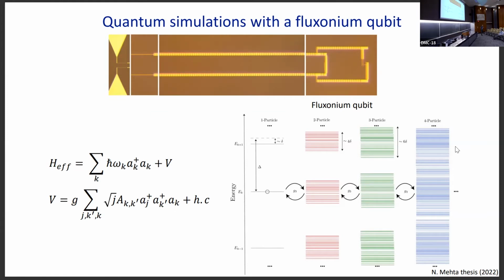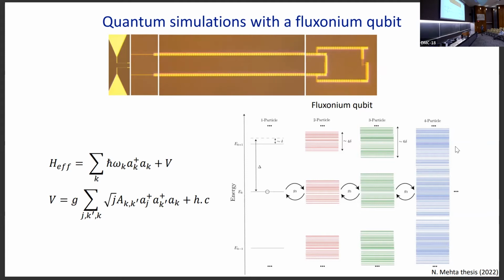So what it tells you is that the fluxonium will induce transitions where a photon in mode k will disappear, and two photons in some other modes will appear.